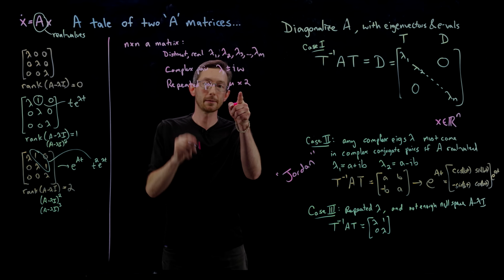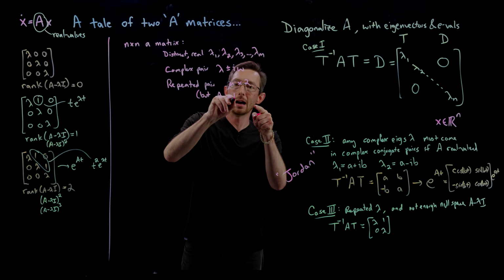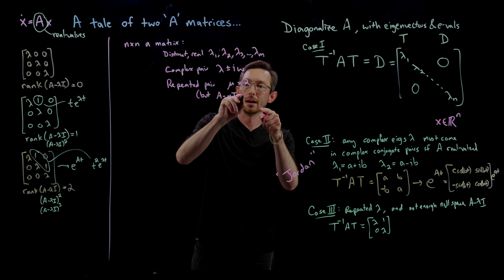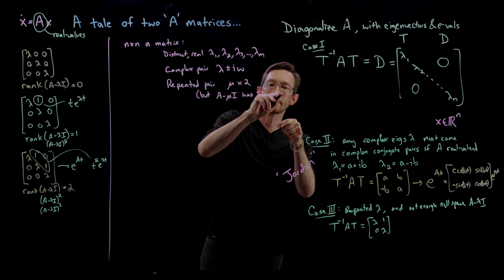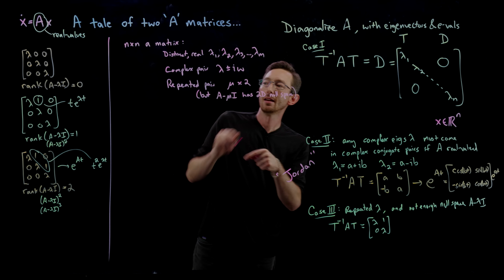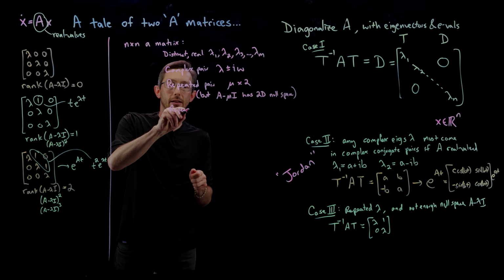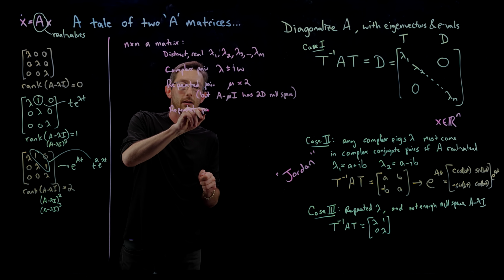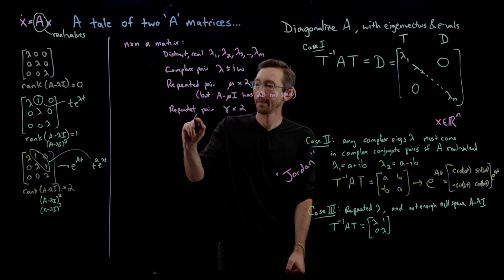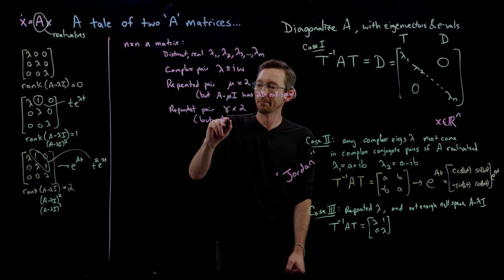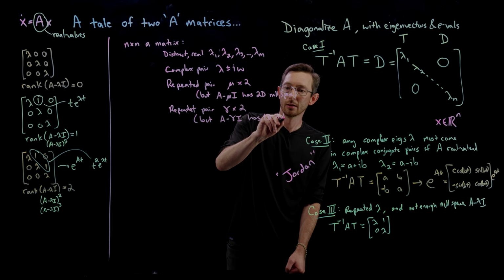I've got 2 mu's, but A minus mu I has a 2D null space. And then finally, let's say I have a repeated pair, instead of mu, let's call it gamma, times 2, but A minus gamma I has a one-dimensional null space.